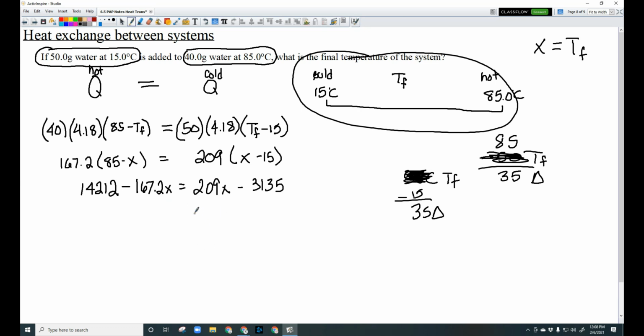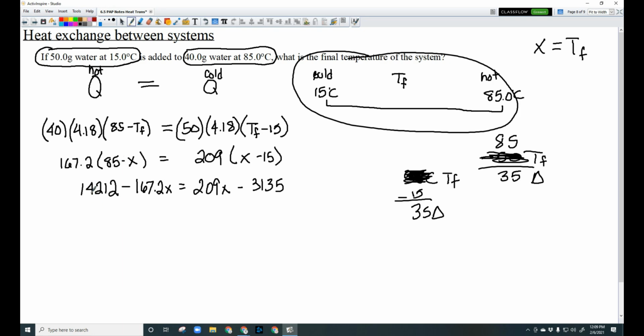So now we need to get all of our X's on one side and all of our numbers on the other side. Okay, so what I'm going to do here is I want my X's to be on the left-hand side, so it's X is equal to something. Actually, no, because of the negative signs, I don't want to deal with a lot of negative numbers.